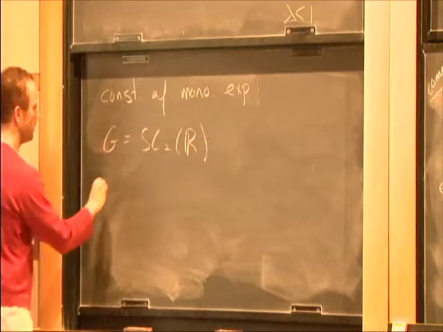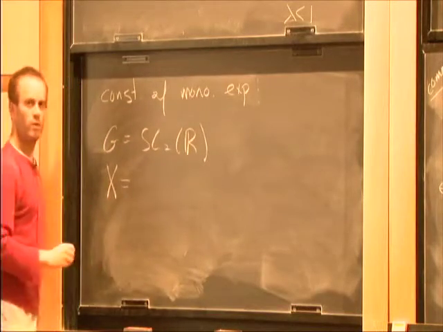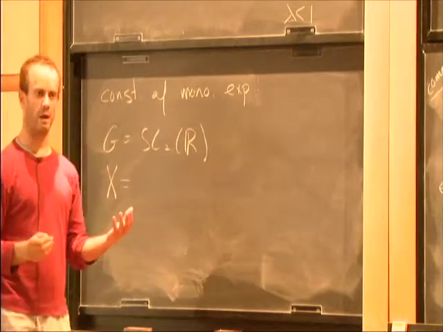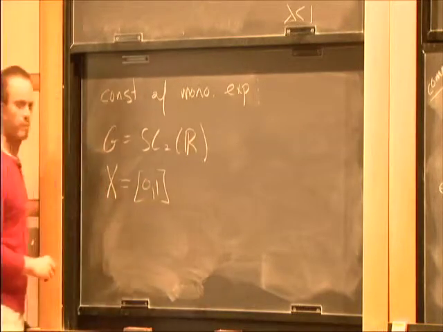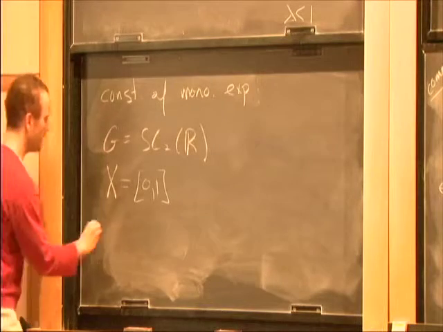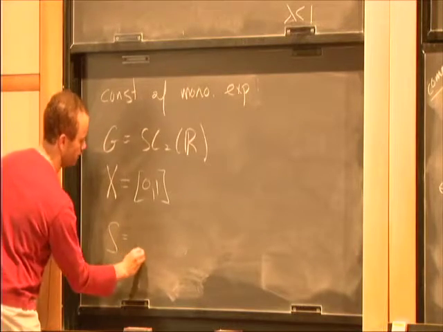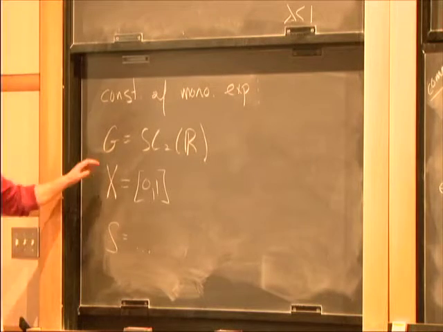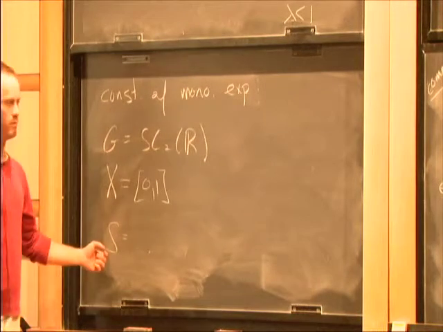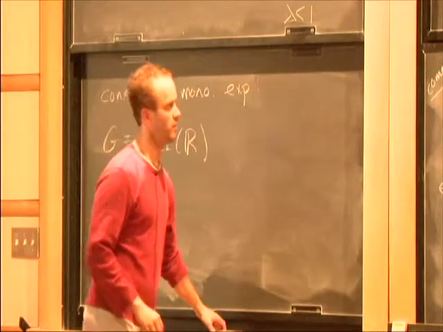X will not take the whole projective line, we'll just take an interval, the interval 0, 1. The set S, I'll explain how to choose it. But it's a finite set, and I will say soon it's very explicit in some sense.